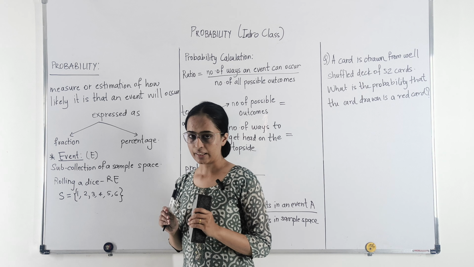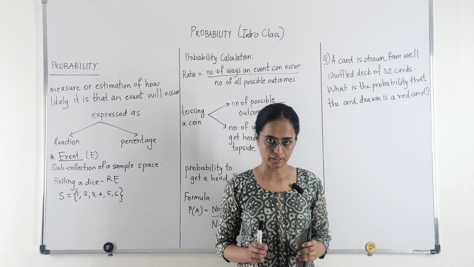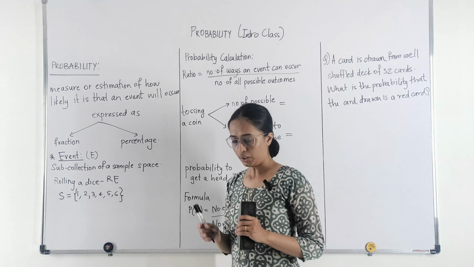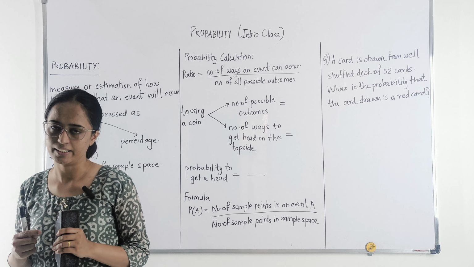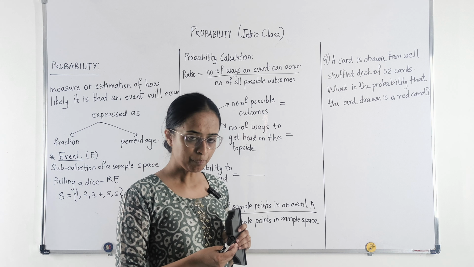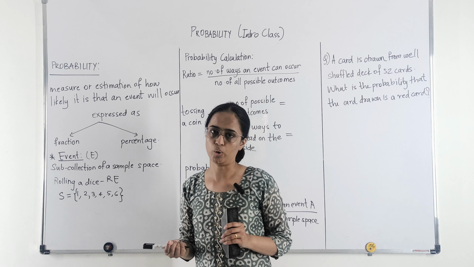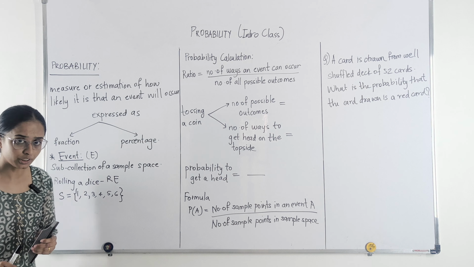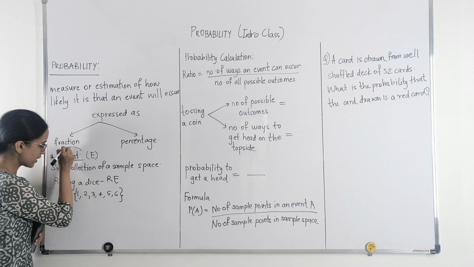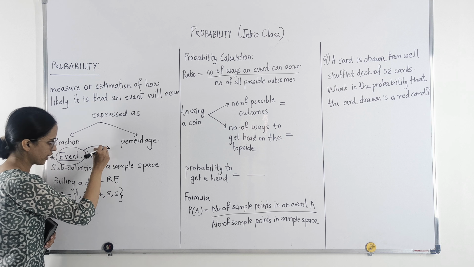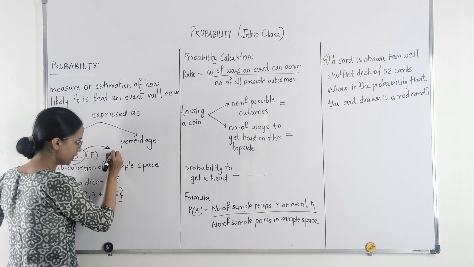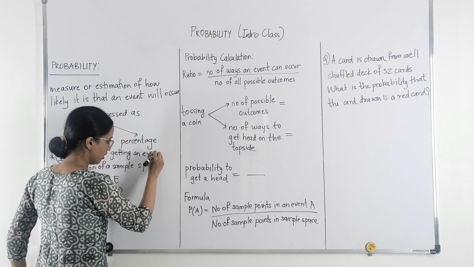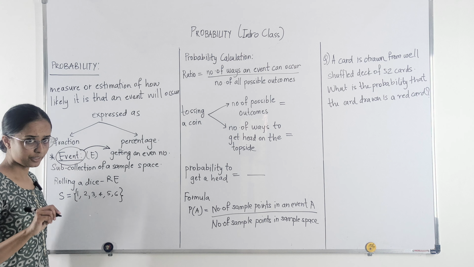I will say, what are the possible outcomes of getting an even number when a die is rolled. So here the scenario is rolling a die, but now I have imposed a condition that you should get an even number. So for that, what would the equivalent set be? So now here the situation is, and I can say I have given an event. What is that event? That event is getting an even number when a dice has been rolled.